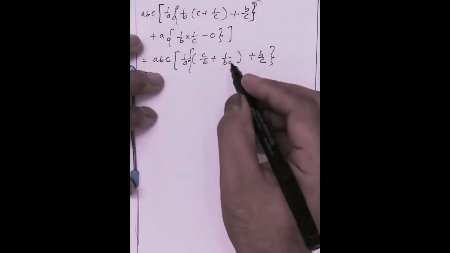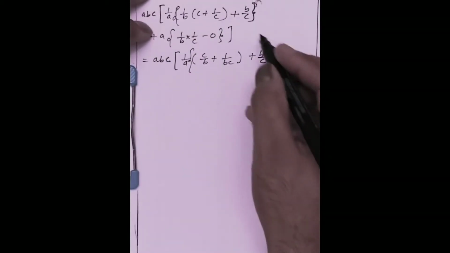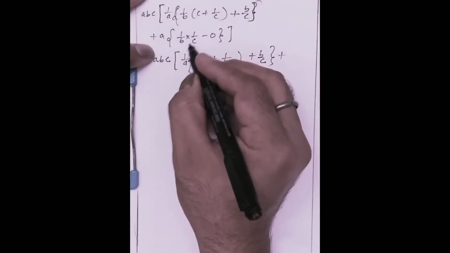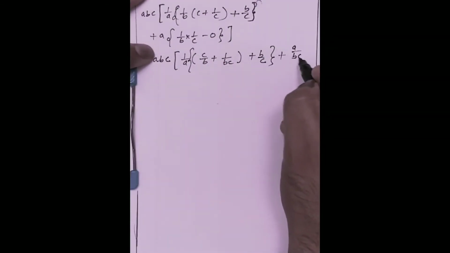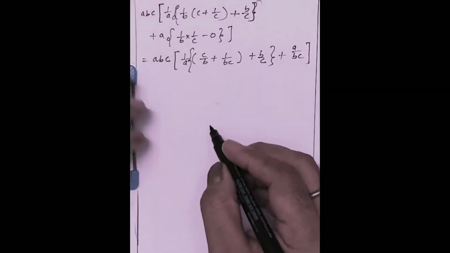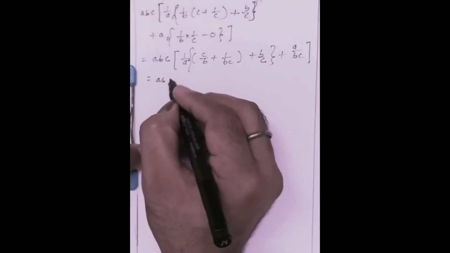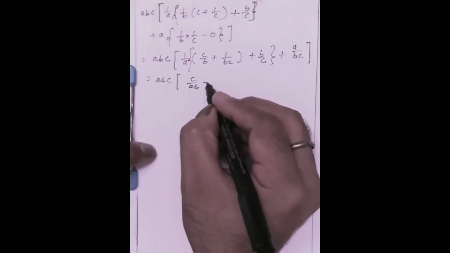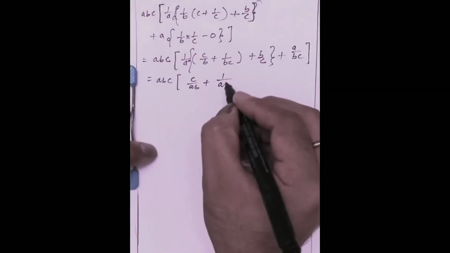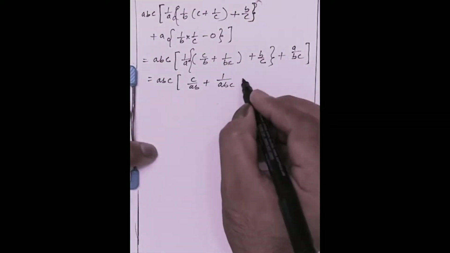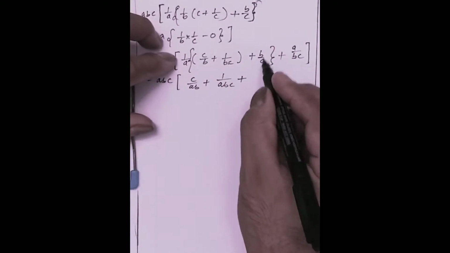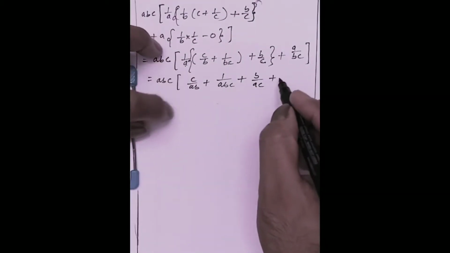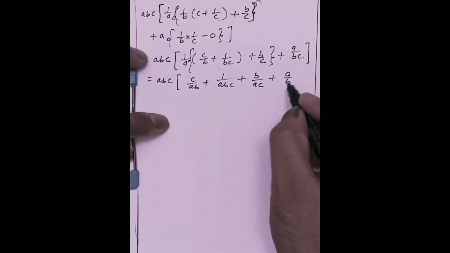Then this last one is plus a upon bc, the whole bracket closed. The abc, now multiplying c upon ab plus 1 upon abc plus b upon ac, a into c, plus a upon bc.